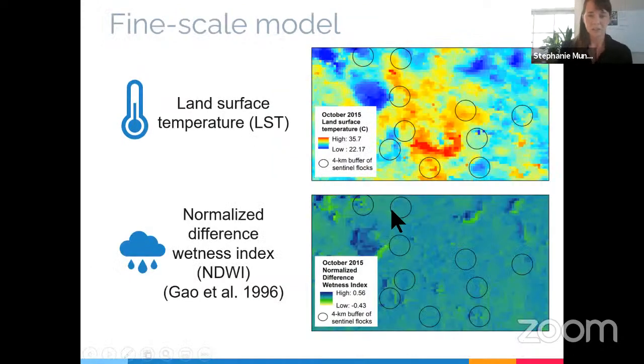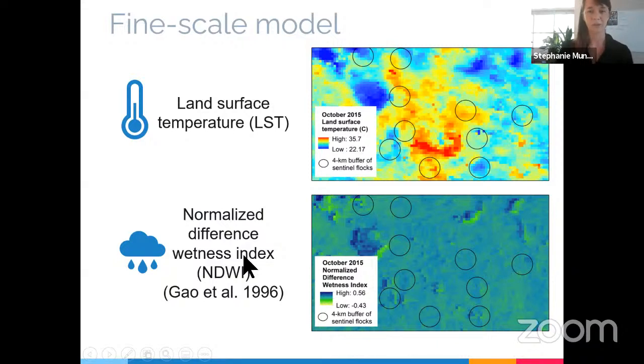For developing the fine scale models, I used land surface temperature data, which was extracted from the 4-kilometer buffer of the sentinel chicken sites. And I aggregated to the monthly level, so the mean land surface temperature at each sentinel chicken site for 2003 through 2017, so 15 years.